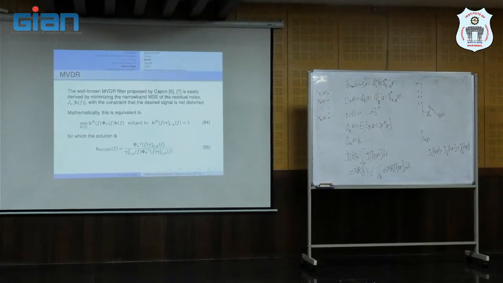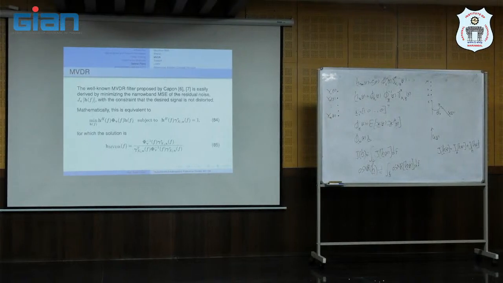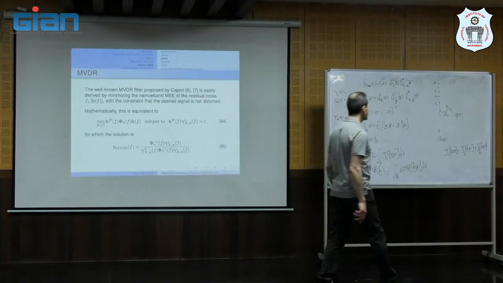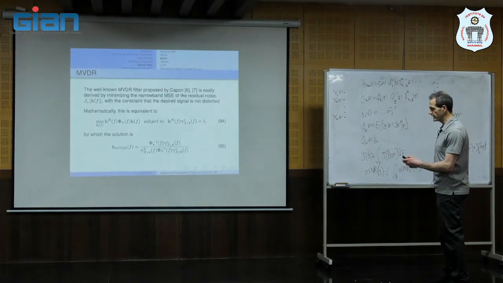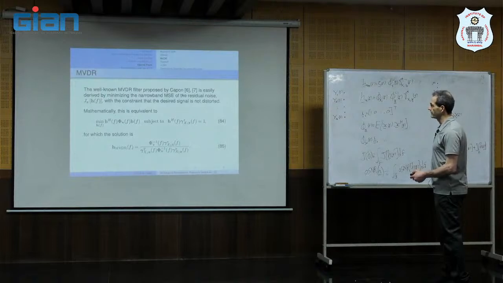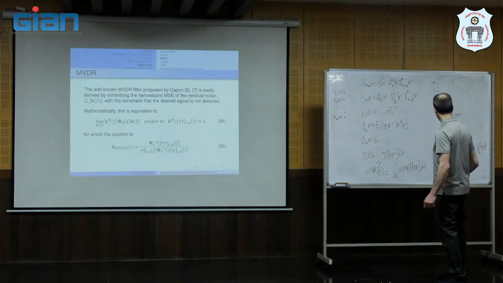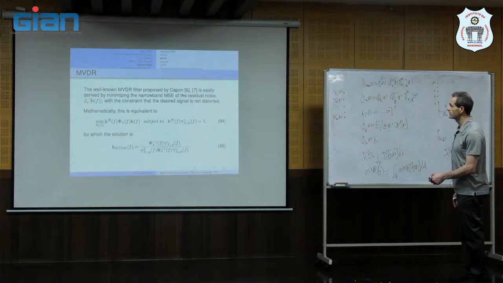MVDR. Okay, so suppose that we want to do multi-channel signal enhancement using MVDR. In the MVDR problem, we try to get zero distortion, or actually, we try to minimize the variance of the residual noise in the estimate, in Z, subject to a distortionless constraint.